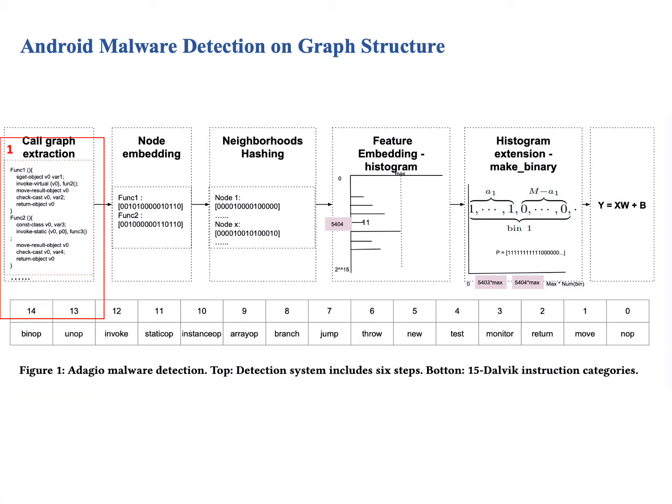First step, we use the function call graph, which is composed of several basic instructions like jump instructions, invoke instructions, move instructions, test instructions, and also return instructions.